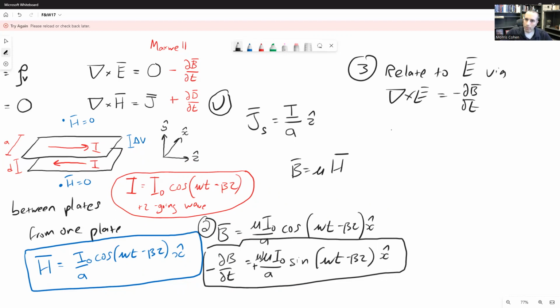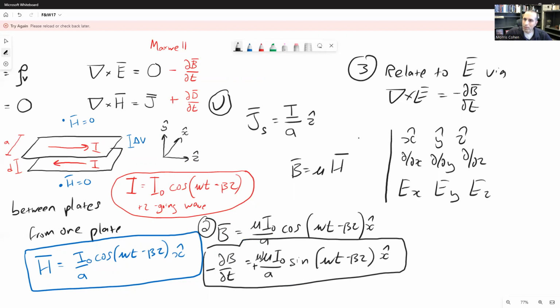All right, so I'm going to write down this whole expansion of the curl of E. It's going to be x, y, and z, d/dx, d/dy, d/dz, Ex, Ey, Ez equals negative dB/dt.